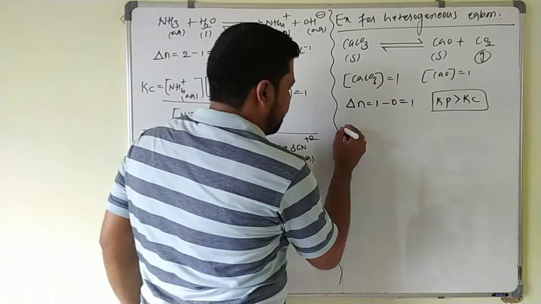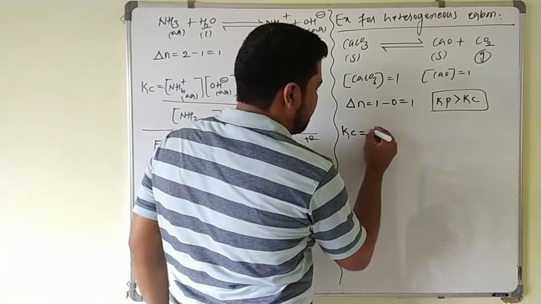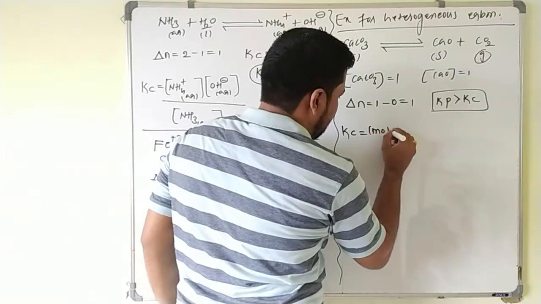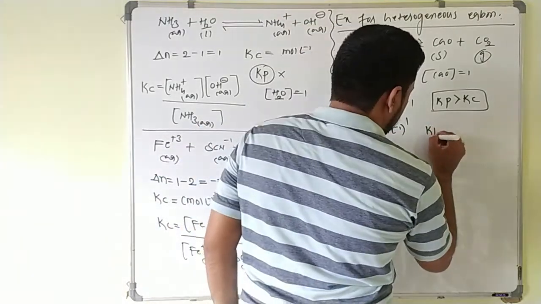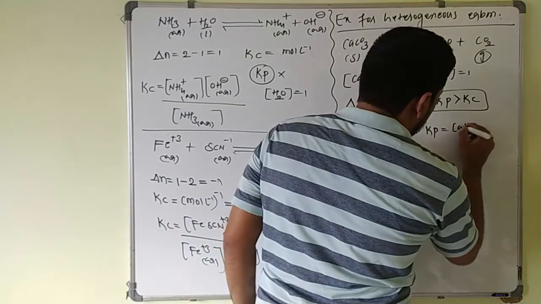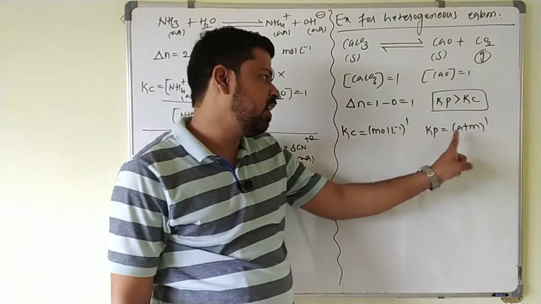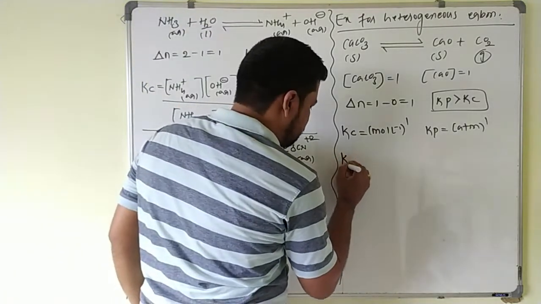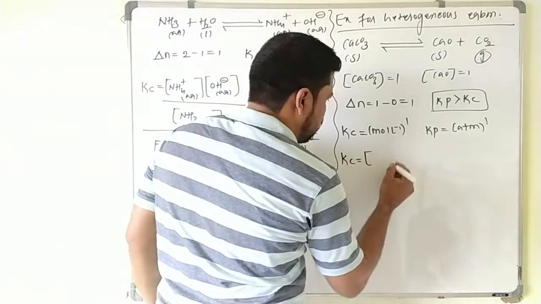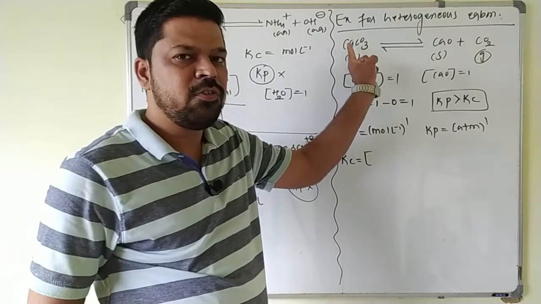Now in this one, what is the Kc unit here? The unit of Kc is mole per liter power 1, and for Kp the unit is nothing but the unit of pressure, that is atmosphere power 1. This is mole per liter, and this is in terms of atmosphere. Now what is the Kc expression for this one? Kc equal to molar concentration of product divided by molar concentration of reactant.